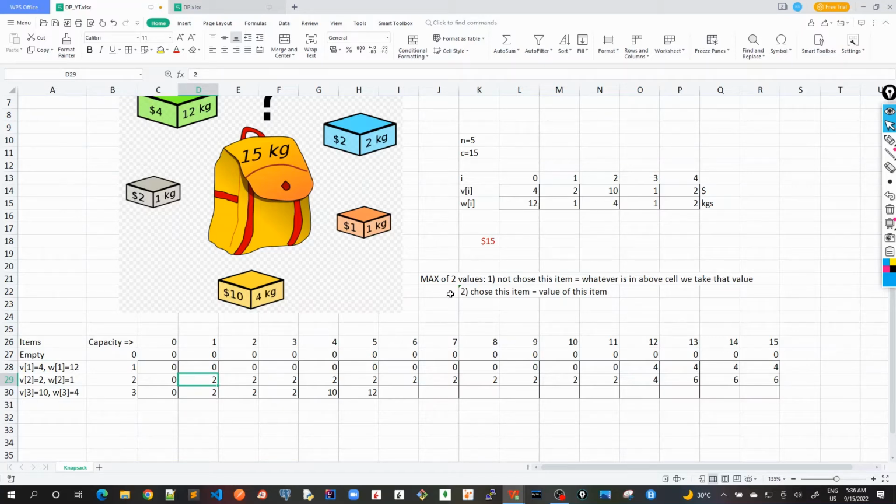So the value of this item plus whatever was possible with the capacity of 5 minus the weight of this item.